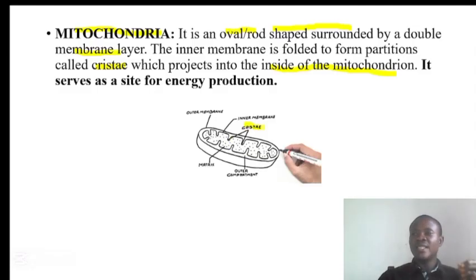This increases the surface area for absorption. The function of the mitochondrion: it serves as a site for energy production. It is the powerhouse of the cell. It is the one that provides energy for all the chemical reactions that are happening within the cell.